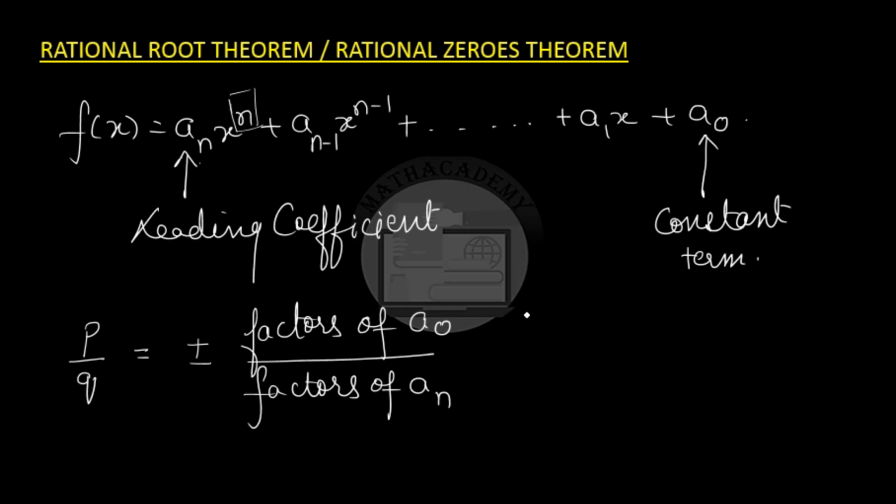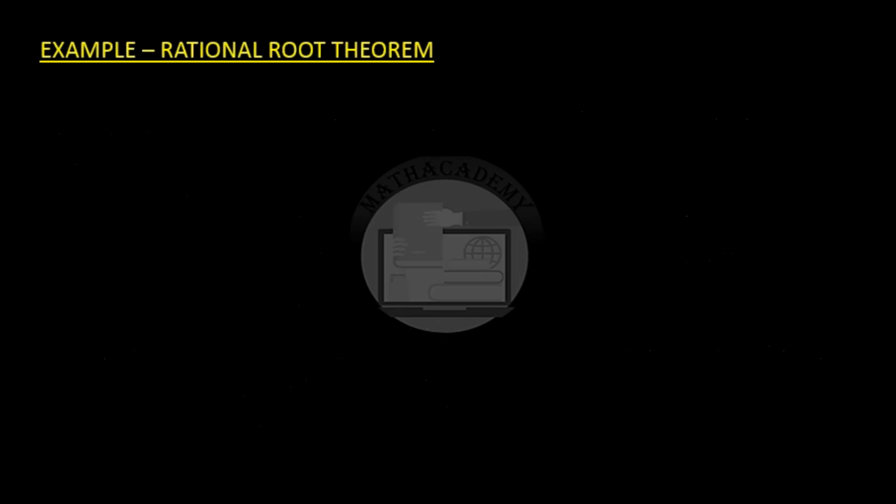So this will give you the set of all the possible values out of which your zeros will be determined. Let us learn this through an example.